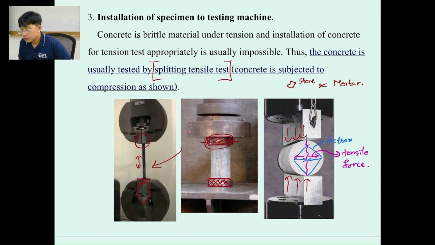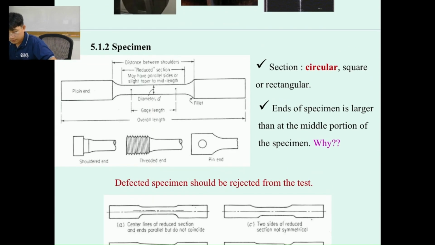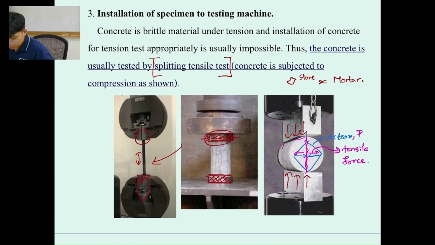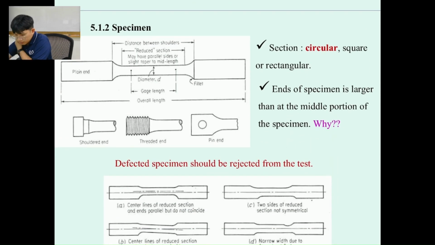Lastly, you get the force P from the monitors after you test it, and then you can calculate by using the inside area of the specimen. All right, we'll see in the next slides.